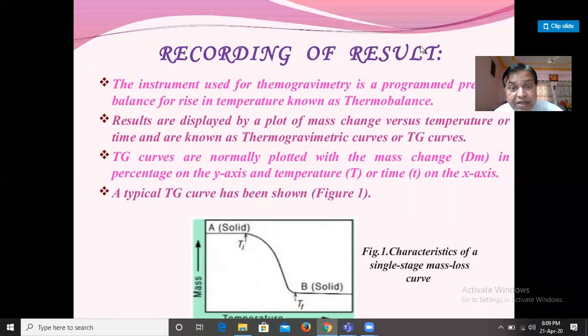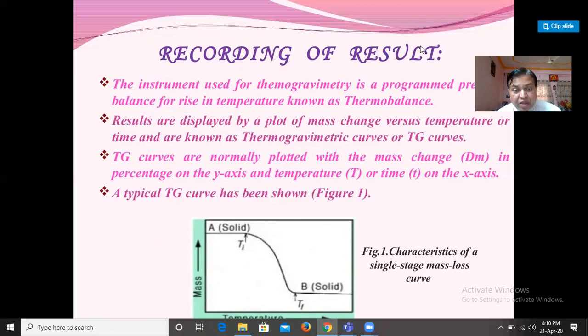Results are displayed by a plot of mass change versus temperature or time, and are known as a thermogravimetric curve or TG curve. TG curves sometimes come in exams as short notes. So you must know that the graph is plotted against mass and temperature.